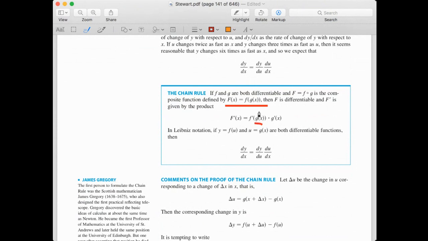Do not change the inside. Keep the inside. Then multiply by the derivative of inside. Right? So writing big F as a composition of f and g, F prime is little f prime of g times g prime. So this is called a chain rule.